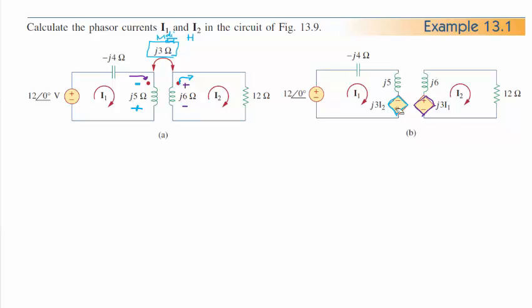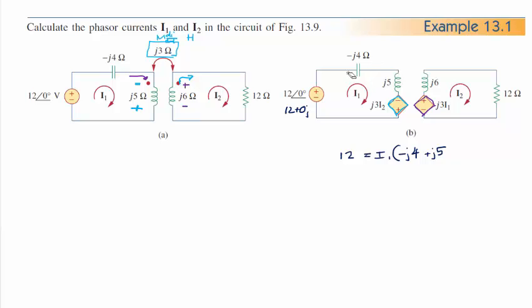Now I almost want to say I've decoupled these two loops and made them more analyzable. So if I analyze it, I can write loop equation 1 pretty straightforwardly. That's 12 plus 0j, and I write my equation around the loop: 12 equals I1 times (minus J4 plus J5).